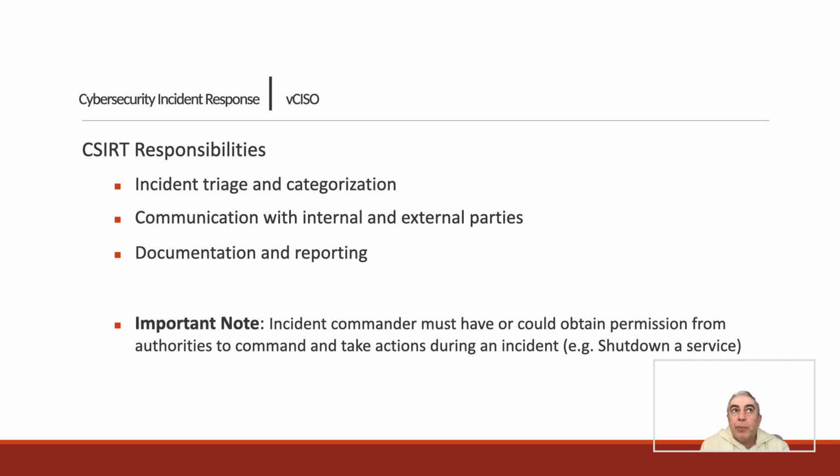Anyways, the CSIRT responsibilities, I explained; you can go to my incident response plan for the entire incident lifecycle, from triaging, categorization, classification, severity, and then communication to internal and external parties, and then documentation and reporting. This is what the CSIRT does.